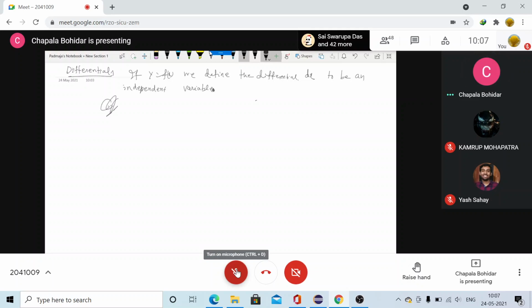Here it is an independent variable, that is dx can be given any real number value.